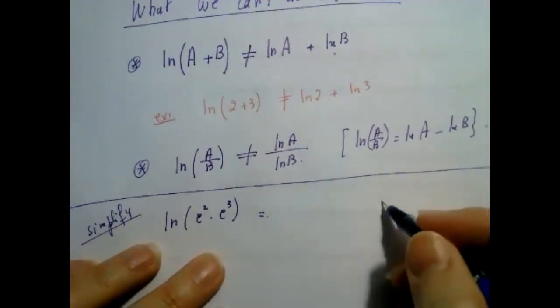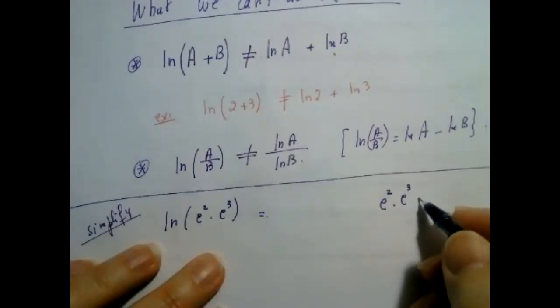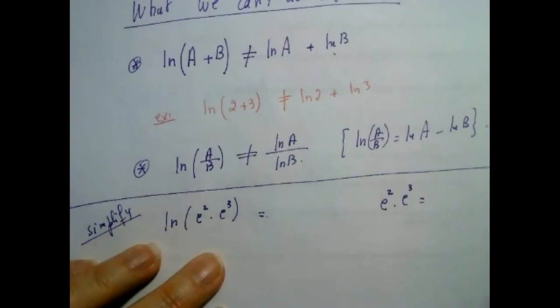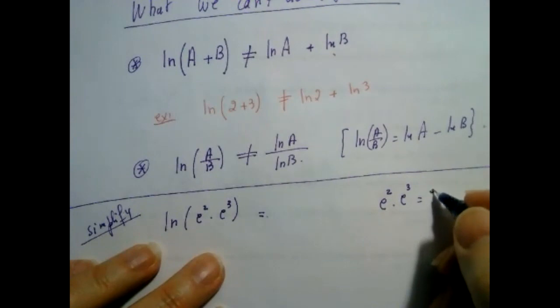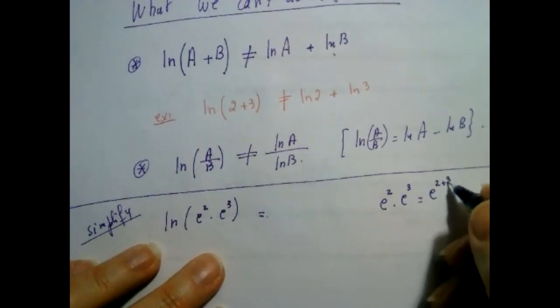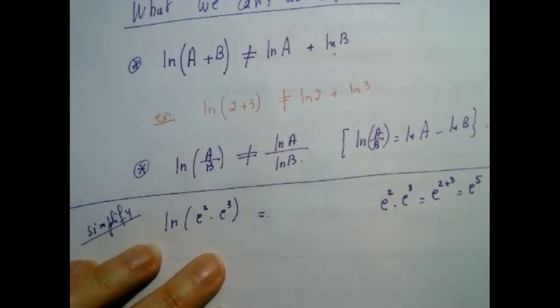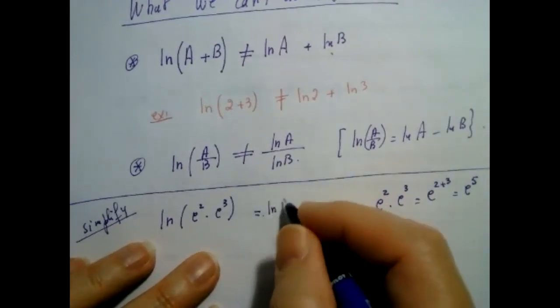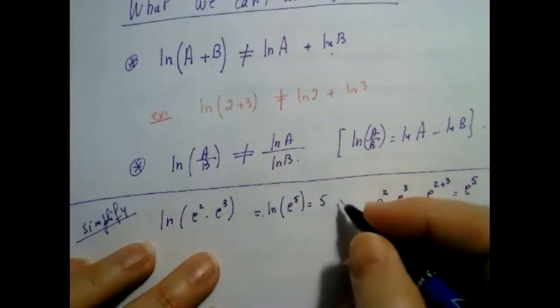Right. If you take e squared times e to the 3, how many e's do we have? 2 from here and 3 from here, we add them. It's e to the 5. So this is going to give me ln of e to the 5, which is equal to 5.